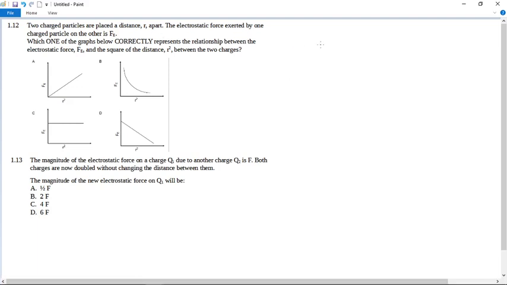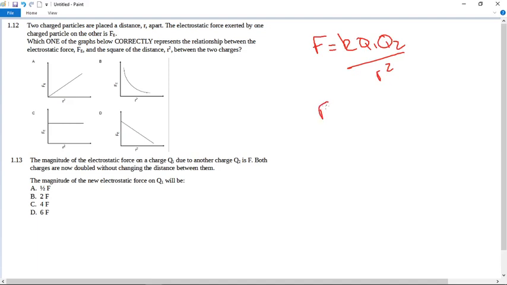Now we've got 2 charged particles placed a distance r apart. The electrostatic force exerted by one charged particle on the other is F sub E. Which one of the graphs correctly shows the relationship between the electrostatic force and the square of the distance between the 2 charges? Well, the formula says F equals K Q1 Q2 over r squared.